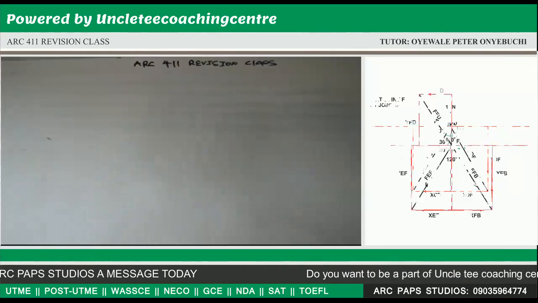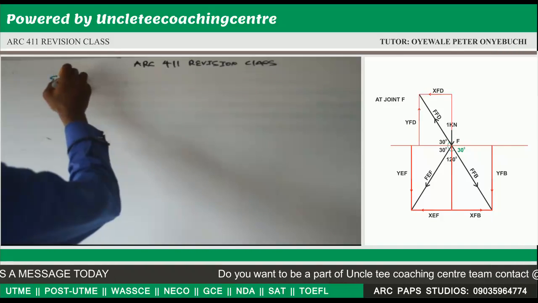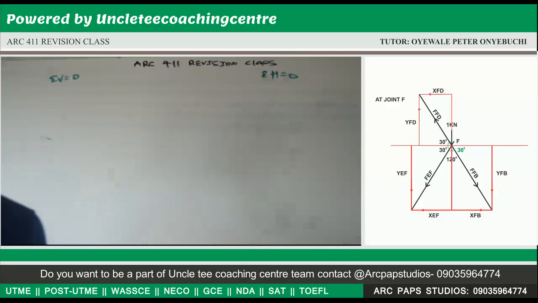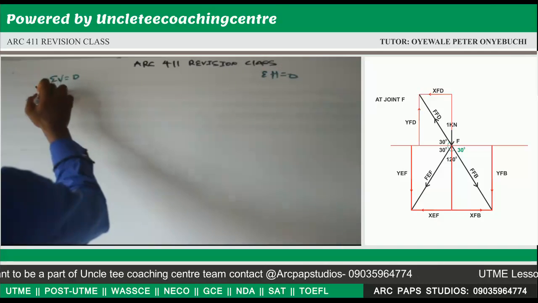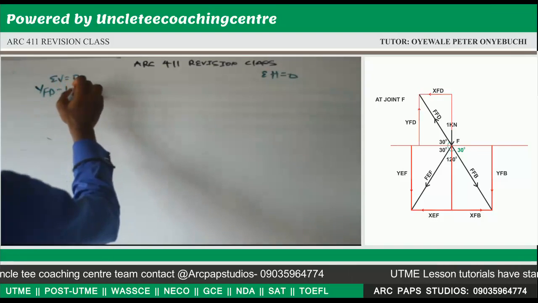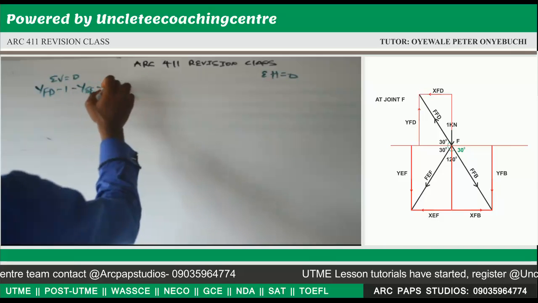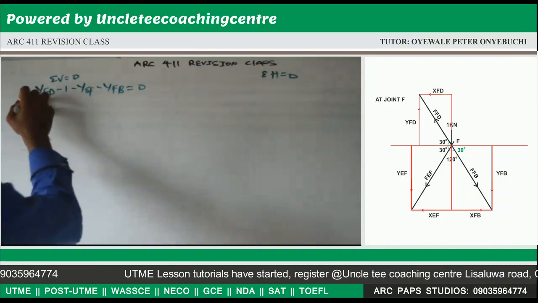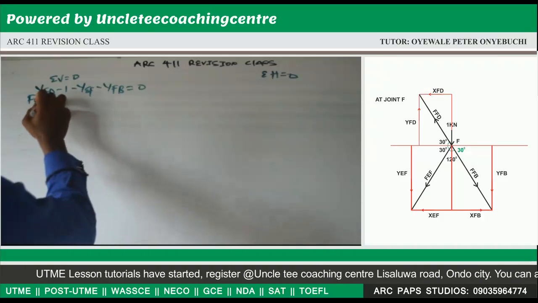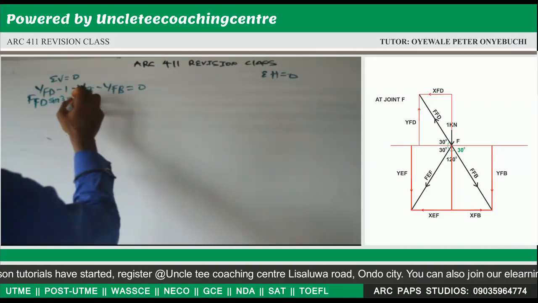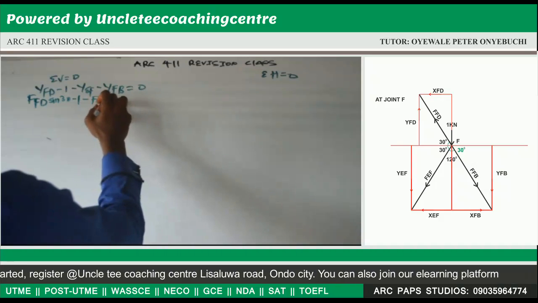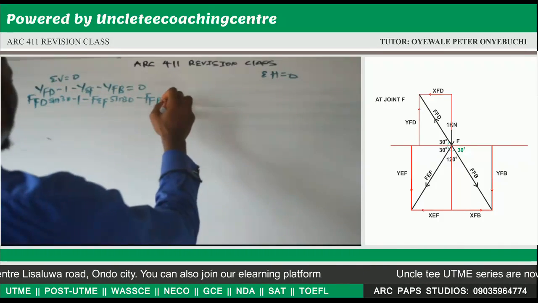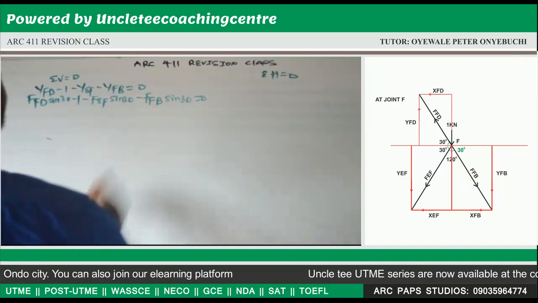I'm going to our joint F. Summation vertical force is equal to 0. Summation horizontal force is equal to 0. Now we have our YFD minus 1 minus YEF minus YFB, which will give us 0. Now resolve: FFD sine 30 minus 1 minus FEF sine 30 minus FFB sine 30, which will give us 0.